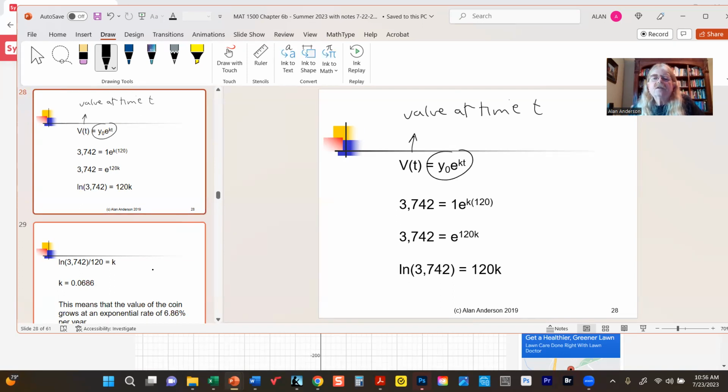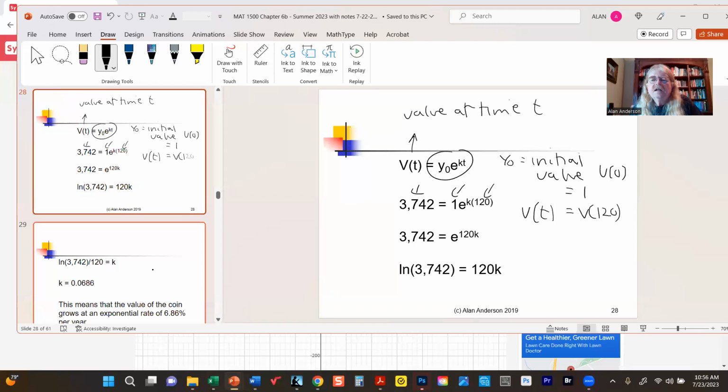And the starting value, the Y0, is the initial value of the coin. Or if you want to, you can think of it as V of 0. That is 1 because it was a silver dollar. The time that we're interested in is 120 years. We know that the value at time 120 is 37.42. You can look at it on eBay, and there's your coin at 37.42.